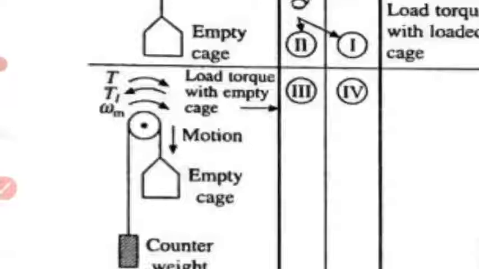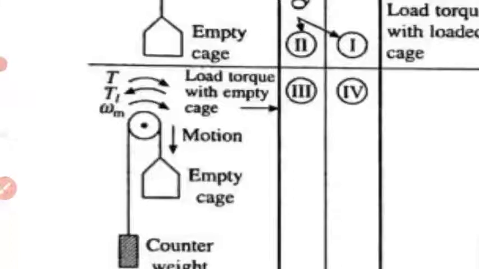Since an empty cage has a lesser weight than a counterweight, the motor should produce a torque in the clockwise direction. Since speed is negative and developed power is positive, this is reverse motoring operation.